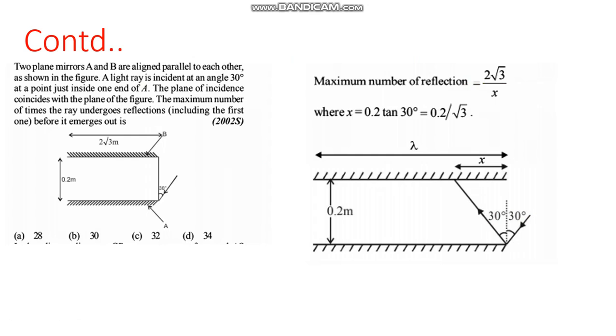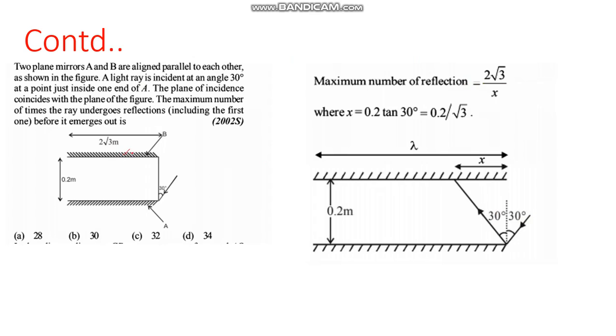Two plane mirrors A and B are aligned parallel to each other as shown in the figure. A light ray is incident at an angle of 30 degrees at a point just inside one end of A. The plane of incidence coincides with the plane of the figure. Find the maximum number of times the ray undergoes reflections, including the first one, before it emerges out. So here a figure is shown.